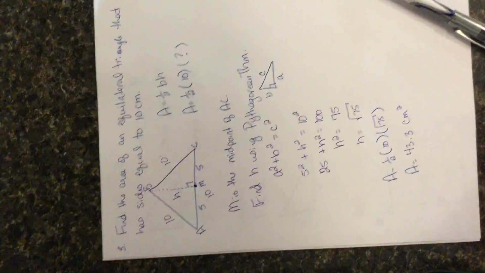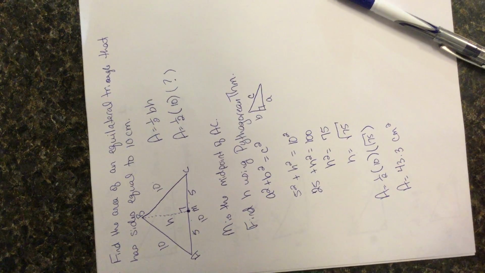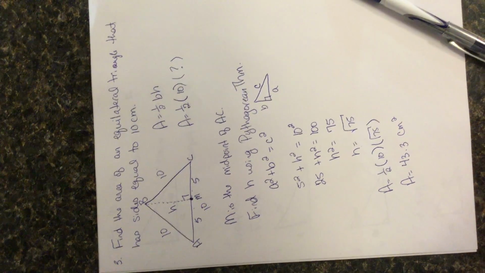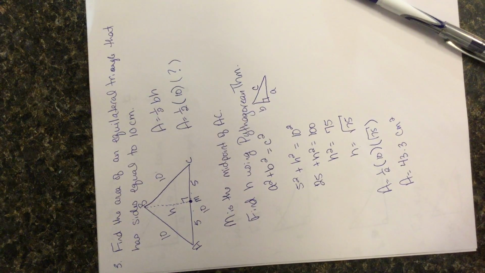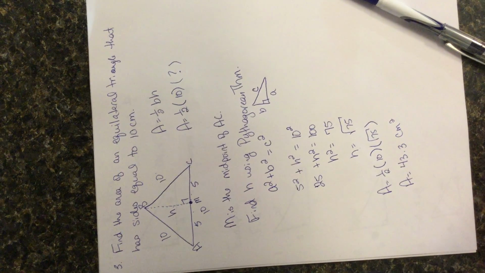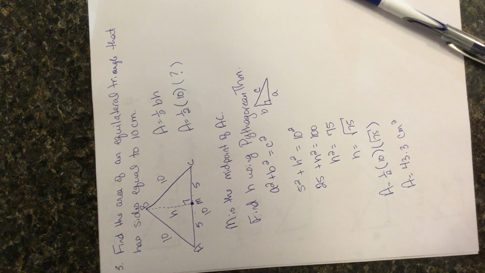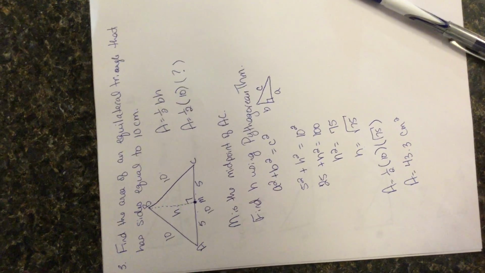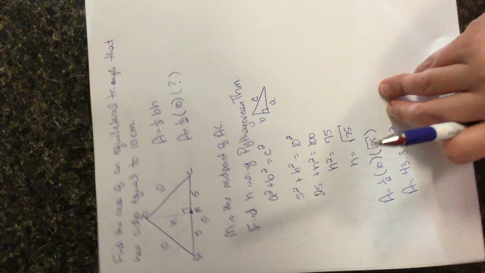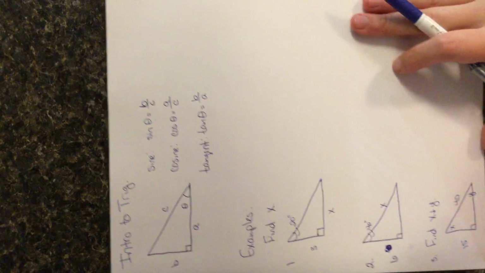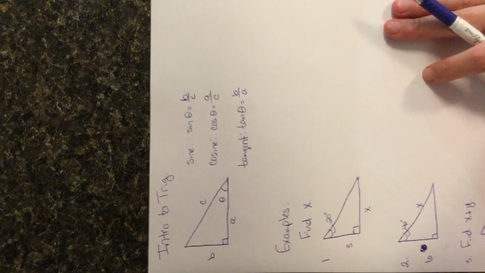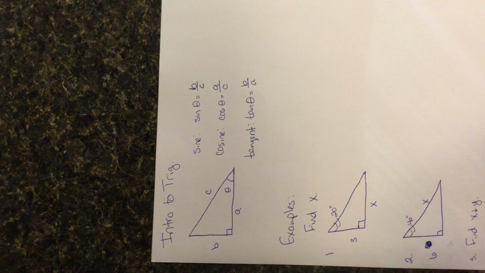Okay, so we're also going to do an intro to trig here. Some people hear trig and they get scared, but we're not going to do anything real major, just a few basic things.